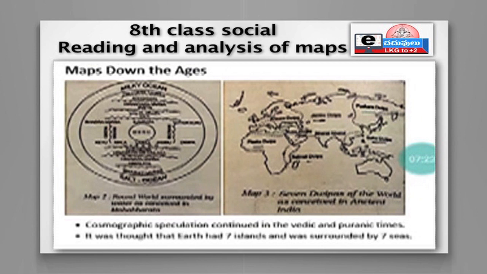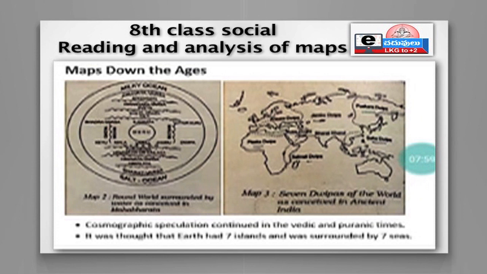This studying of the heavenly bodies continued in the Vedic and Puranic times also, when it was thought that the earth had 7 islands surrounded by 7 seas arranged in a concentric circle with Mount Meru at the center, and India, Bharatavarsha, was located on one of the islands called Jambudvipa.